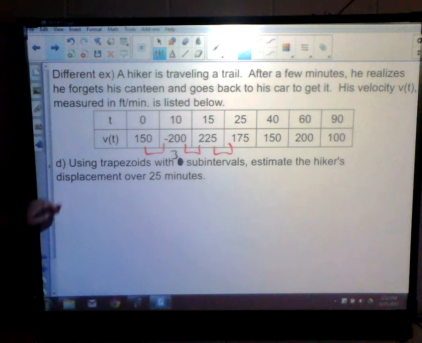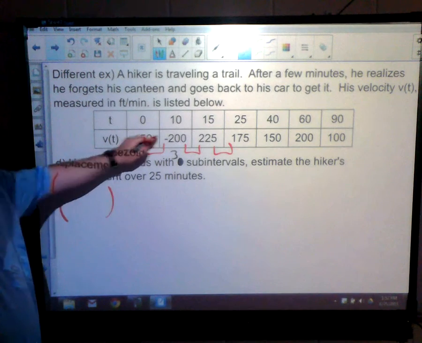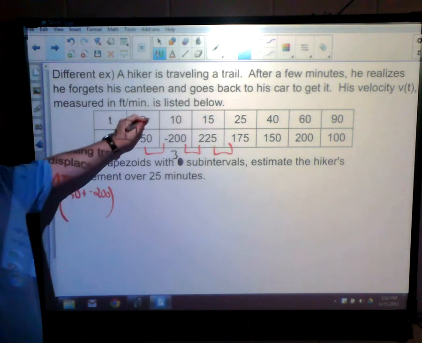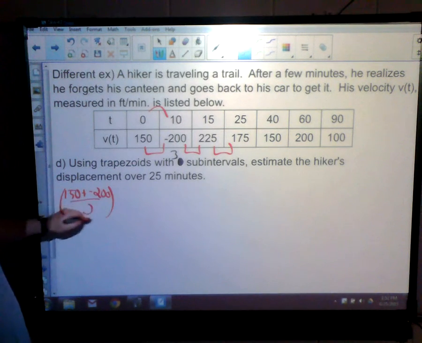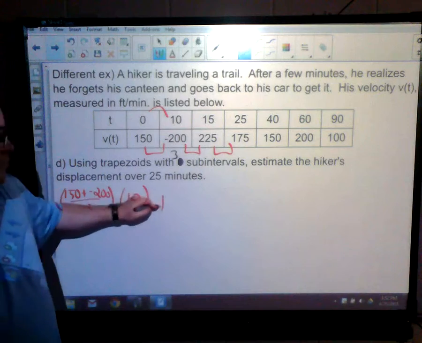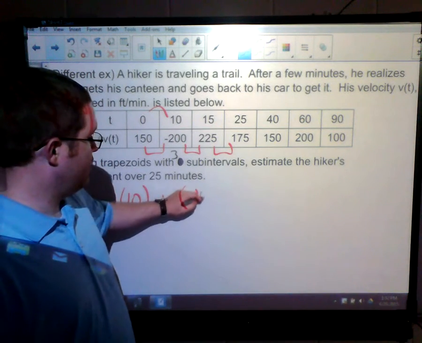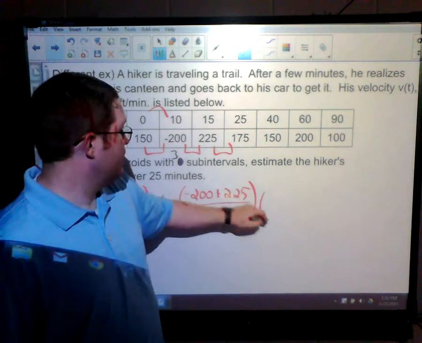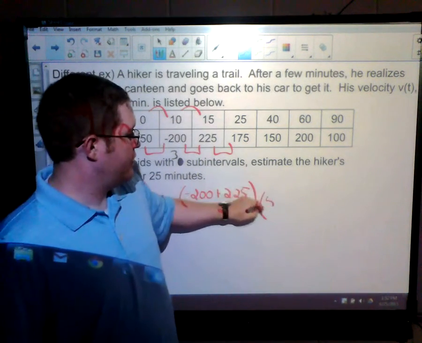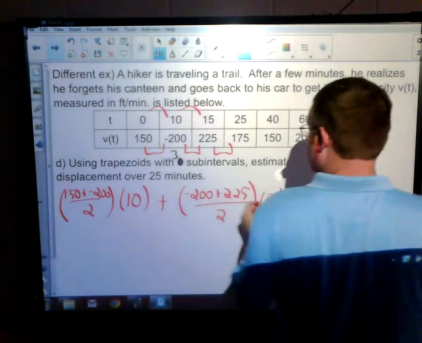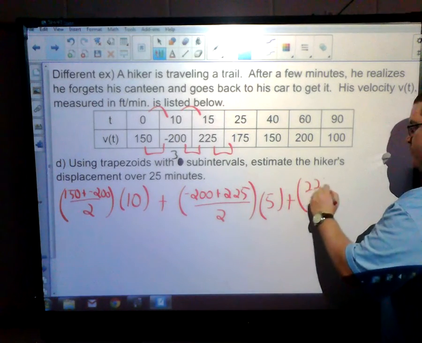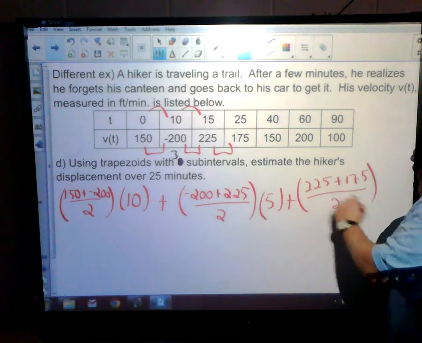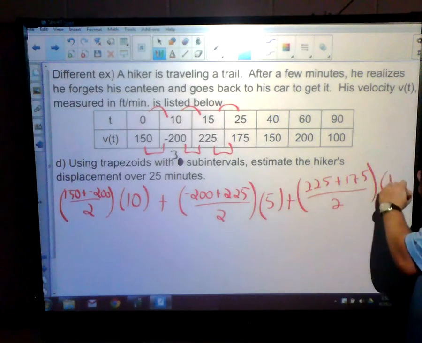So, trapezoids. Base 1 and base 2 are 150 plus negative 200 over 2 times 10, plus negative 200 plus 225 over 2 times 5, plus 225 plus 175 over 2 times 10 again.